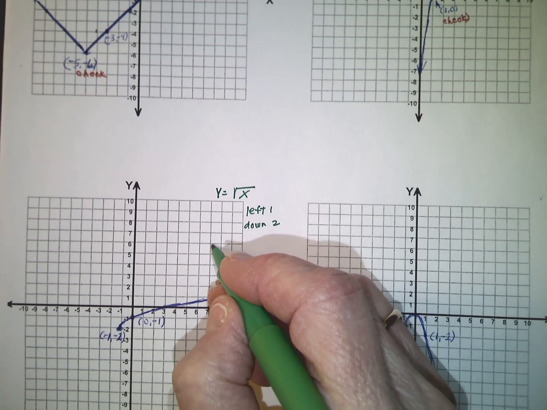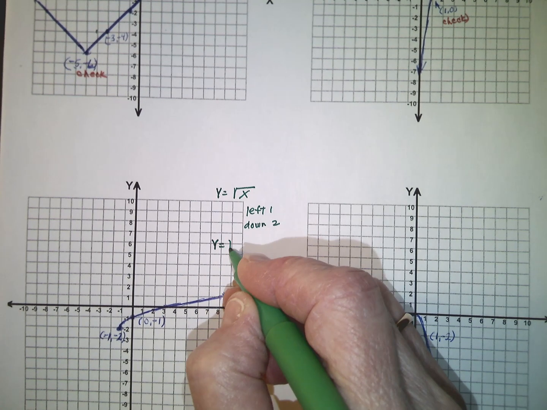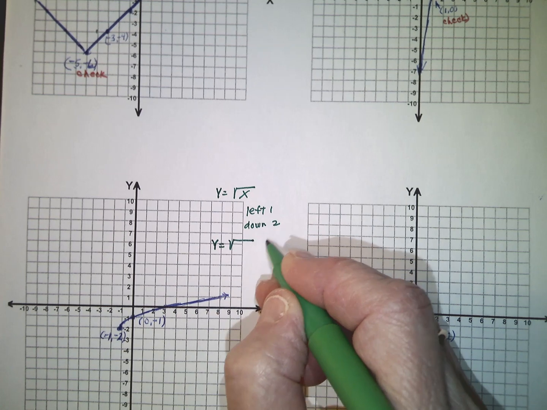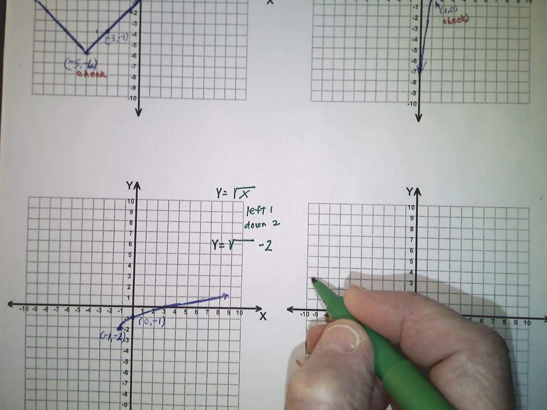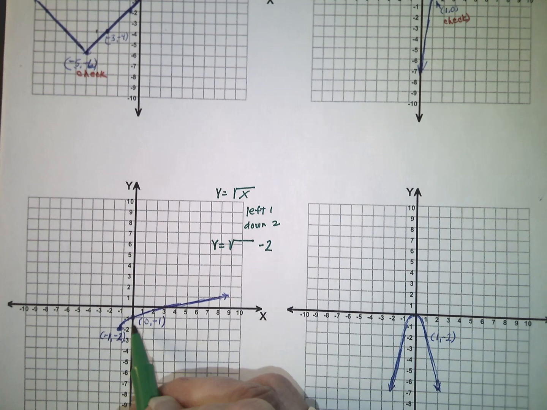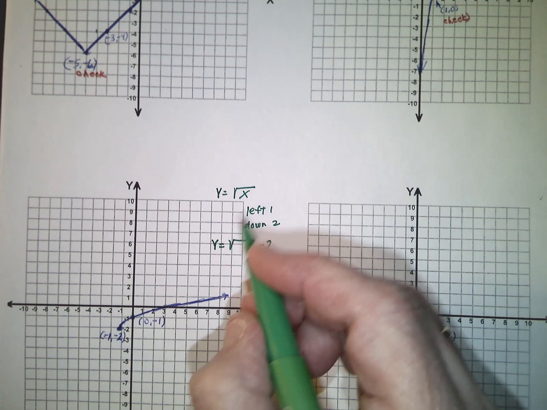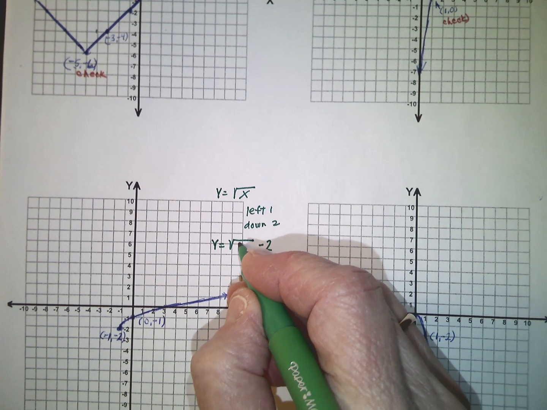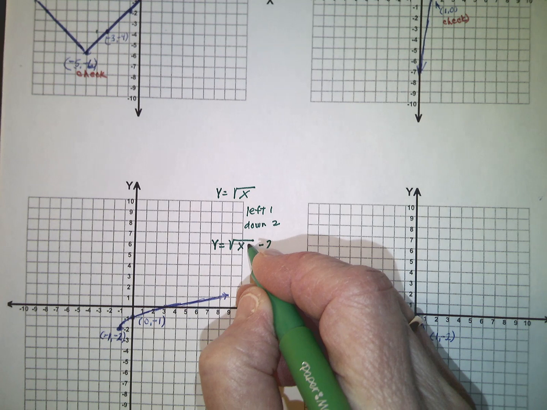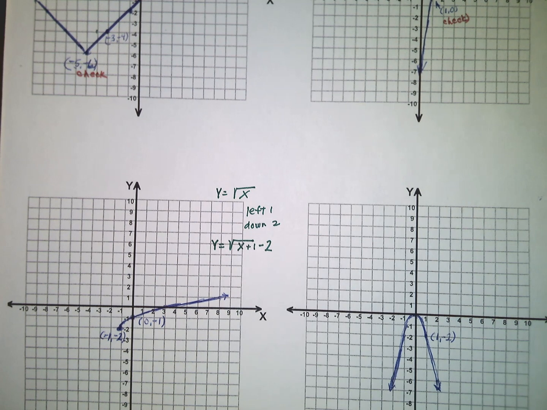So it looks like we take our original, it's going to be y equals the square root of something. Down 2 means minus 2 on the end. And because the x's do everything backwards, if this point is one space to the left, then this originally would have been x plus 1 under the radical.